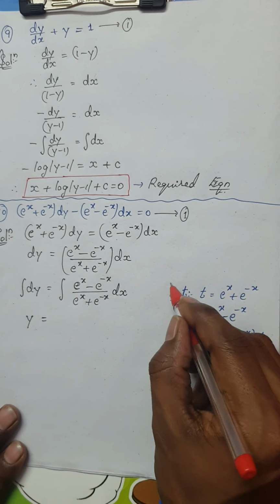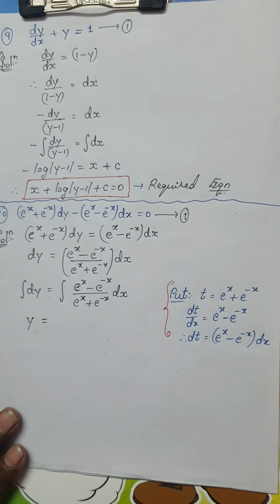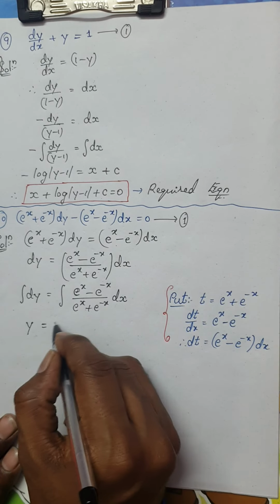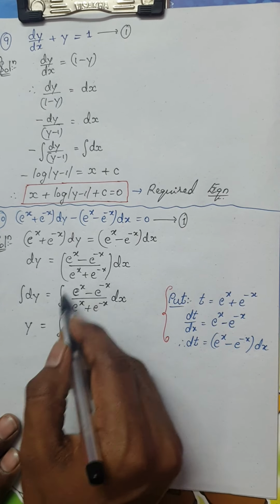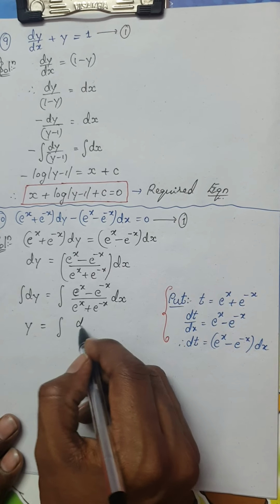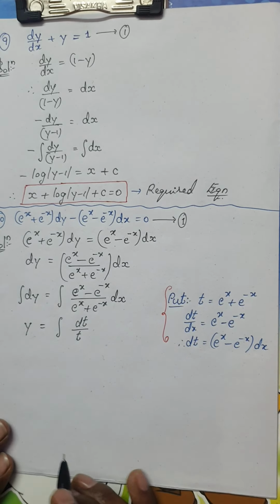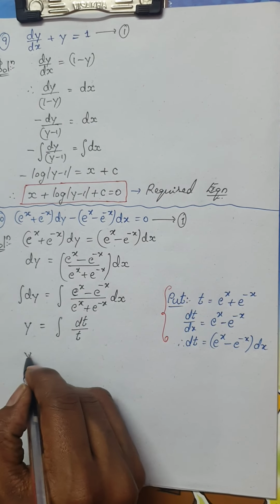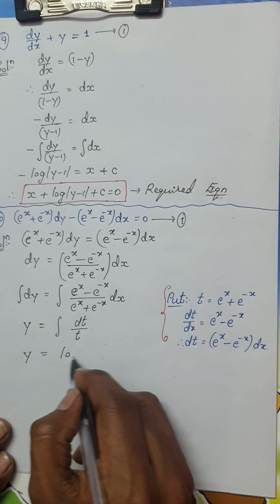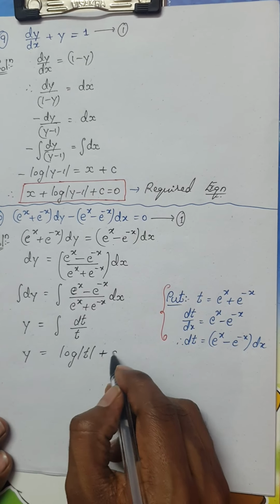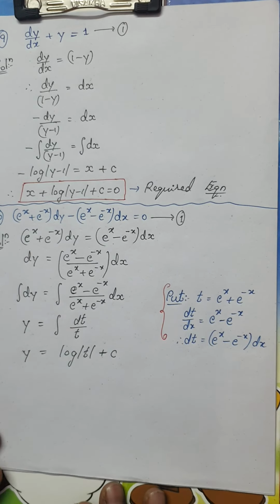Okay, we have seen these types of questions in the substitution method in integration. Now see what happens to the integral. y is equal to the integral of, this is of the form, the numerator would be simply dt divided by the denominator t. Therefore y would be the integral of dt/t, which we know is log|t| + c, where c is the constant of integration.